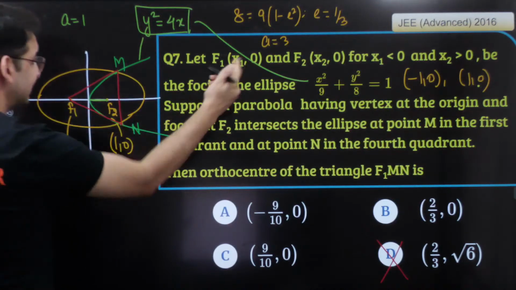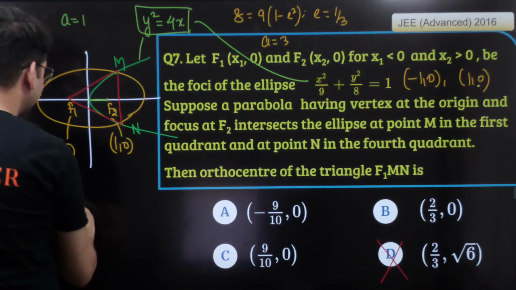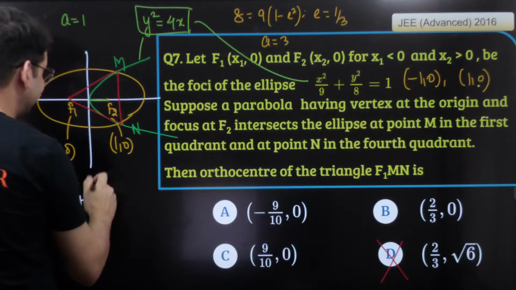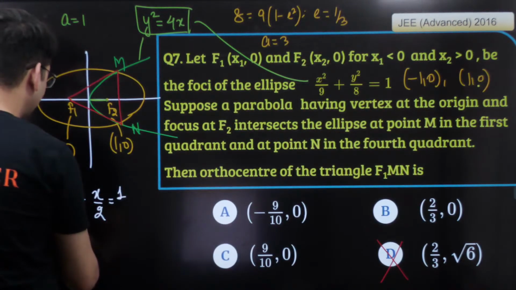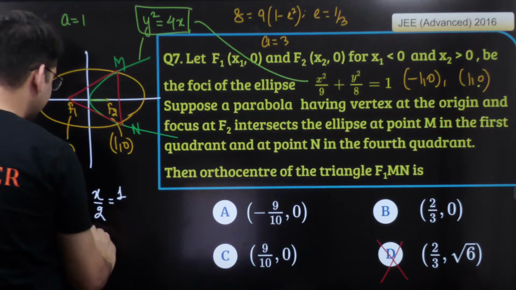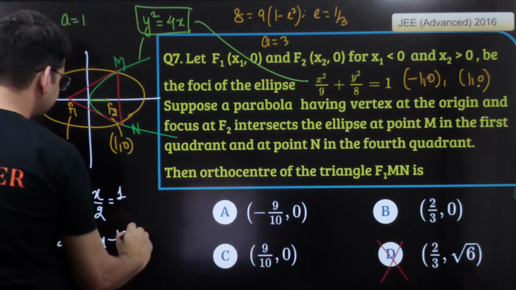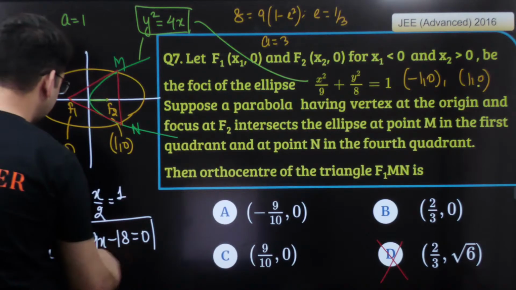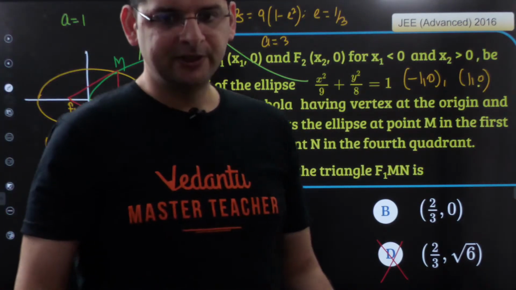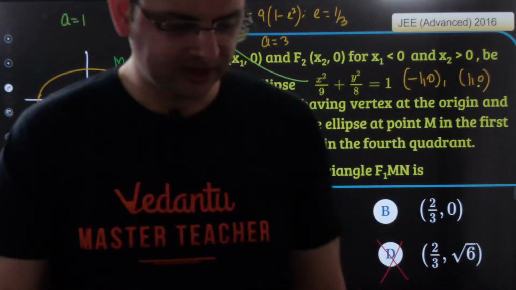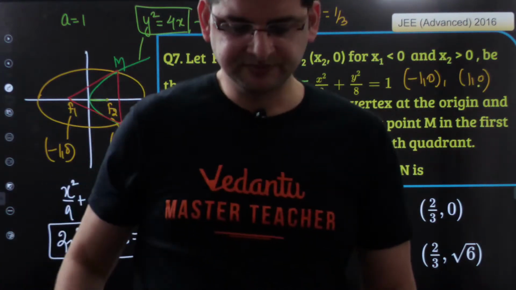So y square is 4x, just put in x square by 9 plus 4x by 8, that means x by 2, is equal to 1. 2x square... Solve for x, guys, everyone.